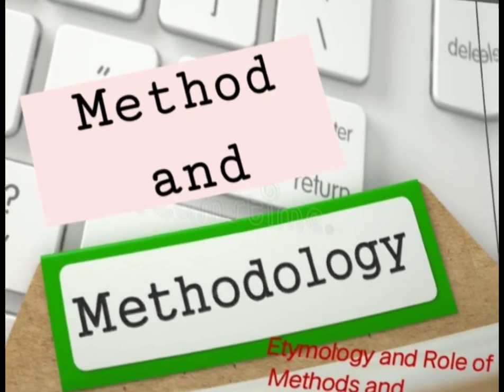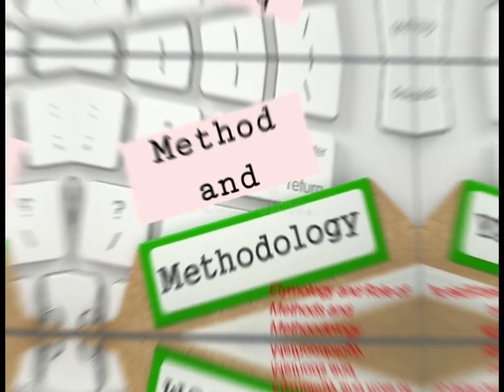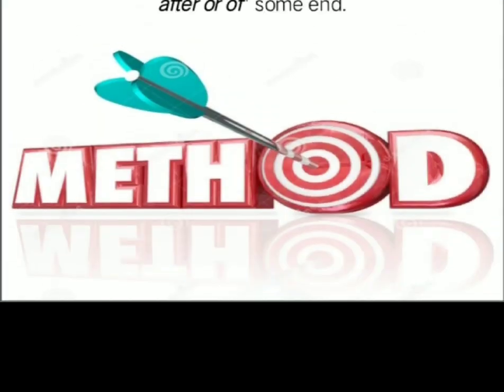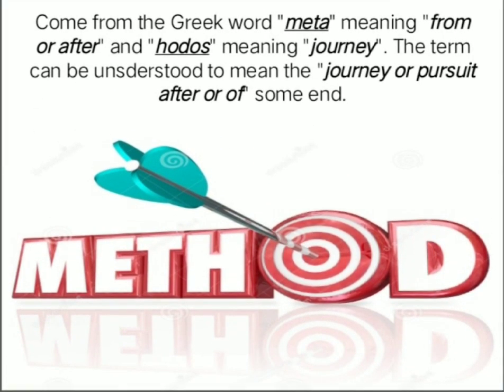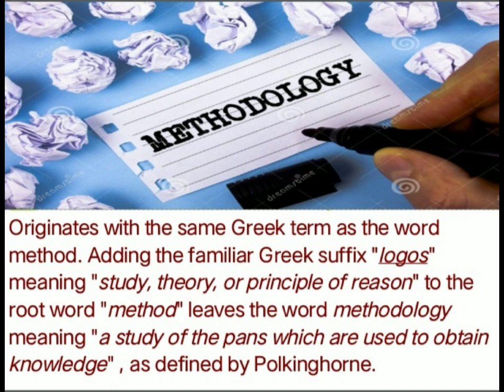Method and methodologies. Etymology and the role of methods and methodologies. Method comes from the Greek words meta, meaning from or after, and hodos, meaning journey. These terms can be understood to mean the journey or pursuit after or of some end. Methodology originates with the same Greek term as the word method.